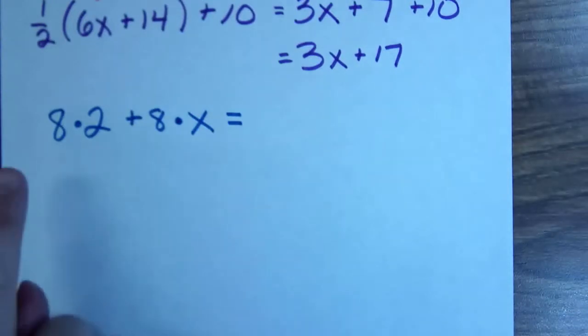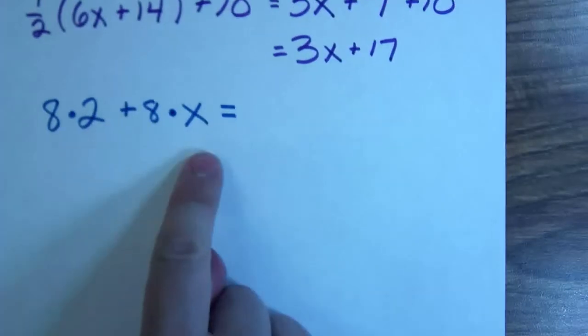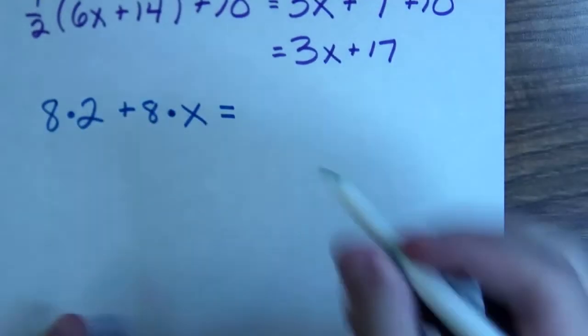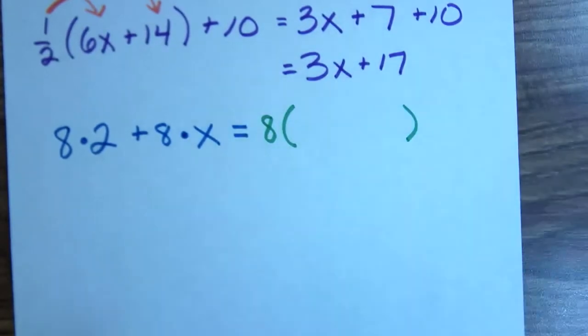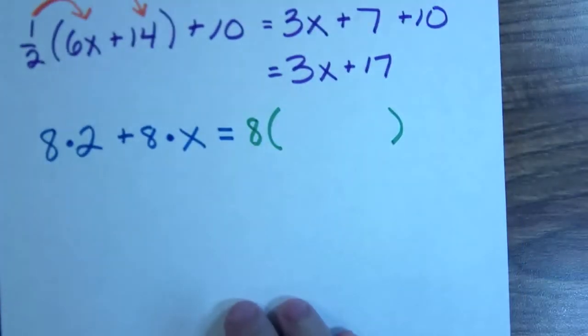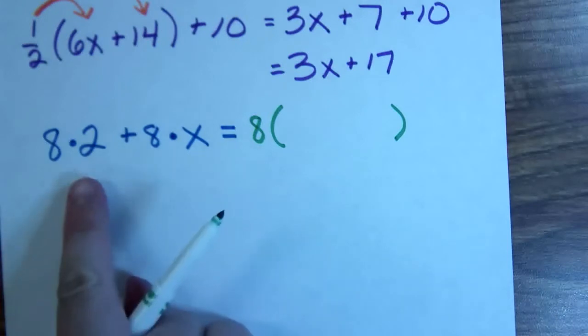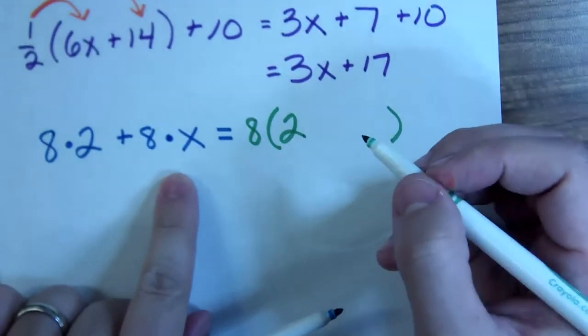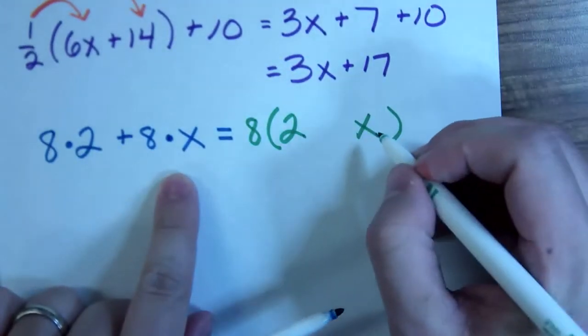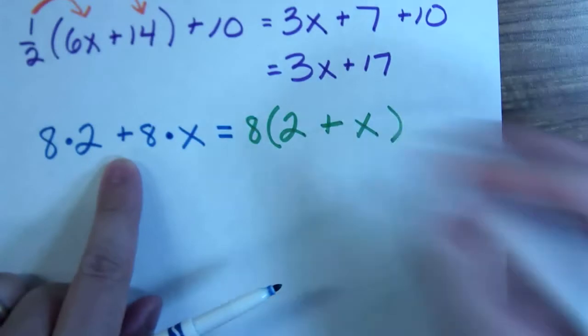So what did I multiply each term by? 8. So that tells me 8 must have been the number that was outside the parentheses, right? What was inside the parentheses? So what did I multiply 8 by here? 2. And what did I multiply 8 by here? X. And what should go in between them? Plus sign.